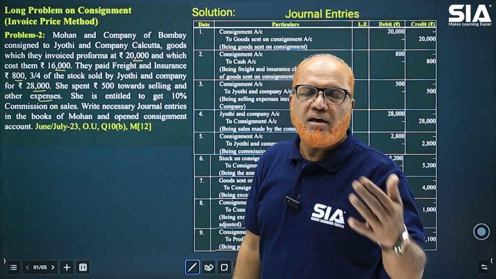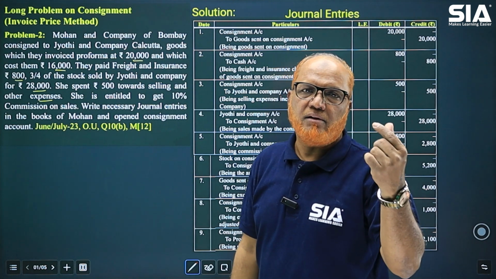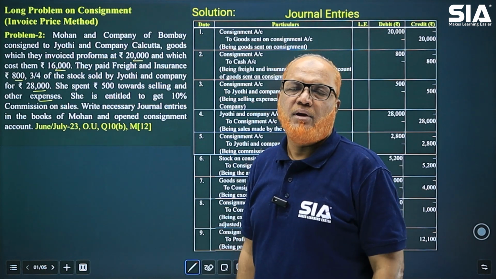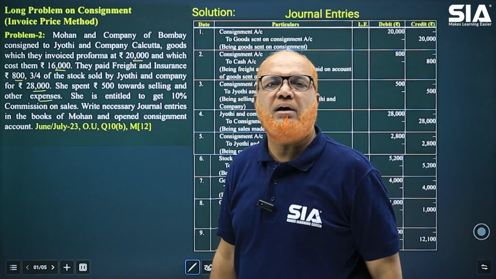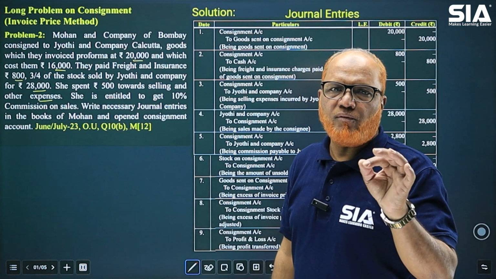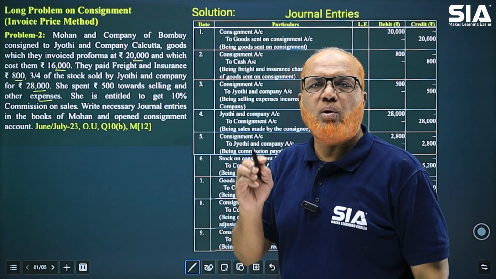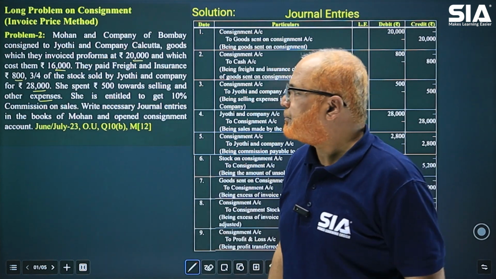So it is a recurring expense. It should not be considered while calculating the value of unsold stock. We should consider it in journal entries and also in preparing the consignment account. But for calculating the value of unsold stock, we should take only direct expenses. Indirect expenses should not be taken.